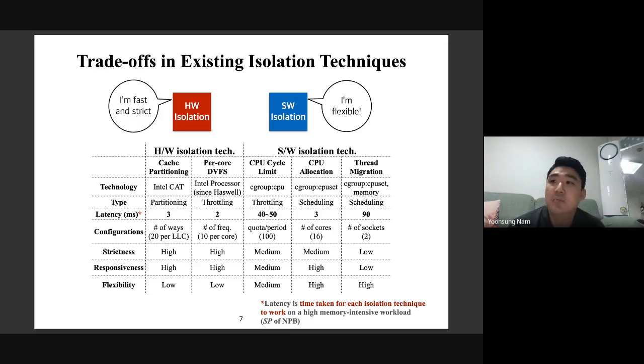Here, flexibility means how many options are available for isolation. For example, CPU cycle limit can handle resource contention at 1% granularity, but per-core DVFS only has 10 frequency levels per CPU core. Thread migration has only 2 configurations, but moving threads to another socket can effectively reduce severe contention in a socket.